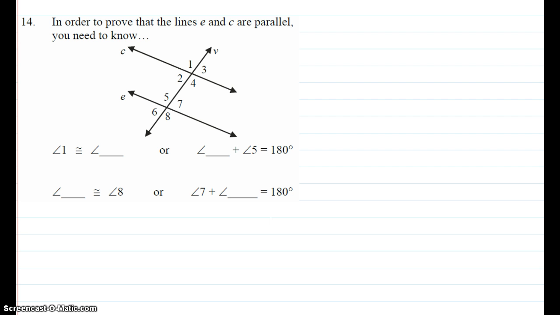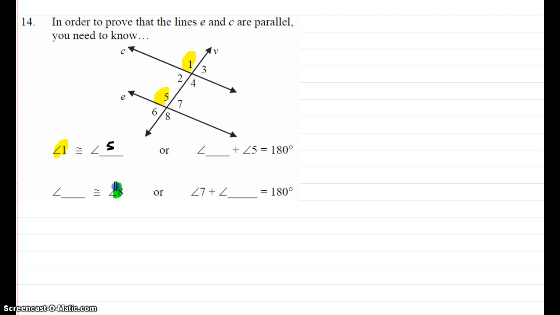Number 14, in order to prove that the lines E and C are parallel, you need to know. So I'm not going to put the marks here because I'm trying to show that the lines are parallel. And we know that the lines are parallel when angle 1 and angle 5 are congruent, that means the lines are parallel.